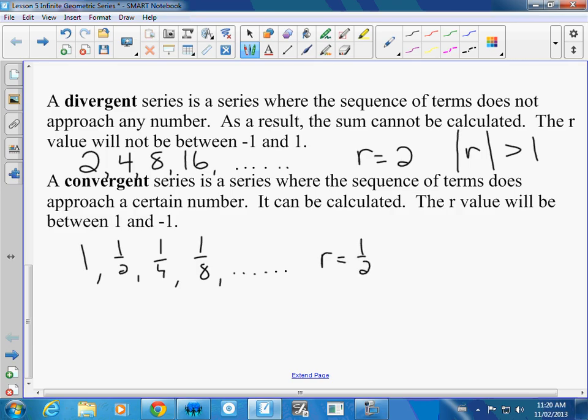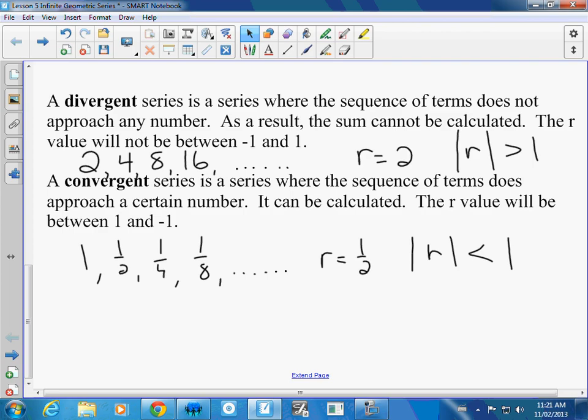We start at 1 and we just keep getting smaller and smaller and smaller, infinitely, right? What it does is it actually is approachable. So a convergent series is a series where the sequence of terms does approach a certain number. It can be calculated. And the R value is between 1 and -1. So in other words, the absolute value of the R value is less than 1. And is it less than 1 in this case? Yeah, it's a half.